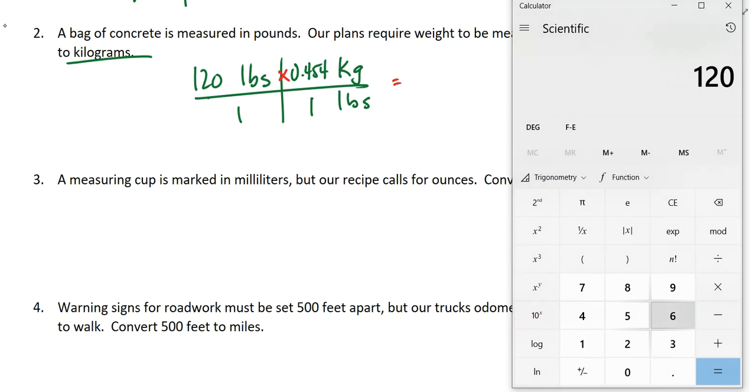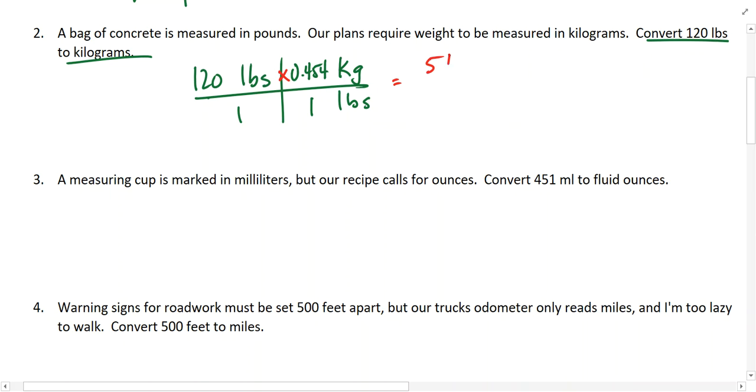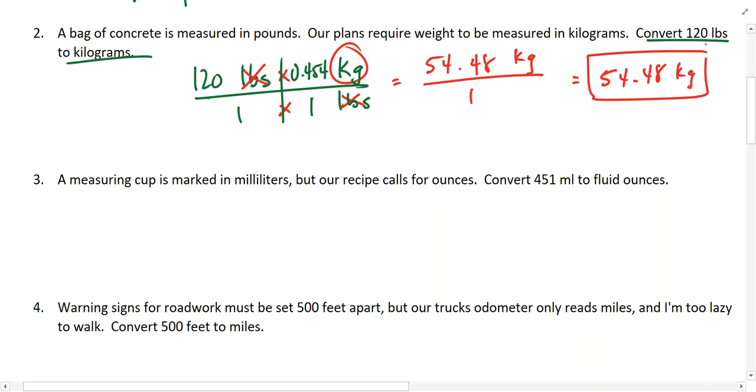So 120 times 0.454 is 54.48, and I should have noted that pounds canceled with pounds and we're left with kilograms in the numerator. And across the denominator, well, 1 times 1, that's easy, is 1, and there is no unit down there, so we'll call this 54.48 kilograms. And units are really important in this assignment, so let's make sure that we use them.